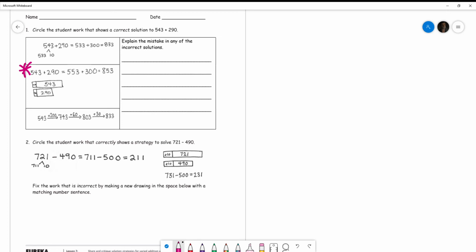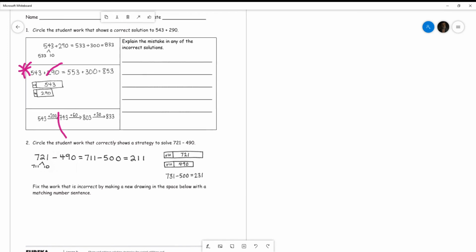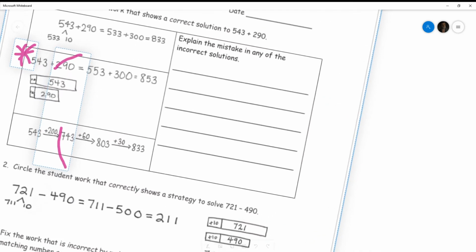That is not a correct solution, and I'm going to go over why. Now, if you remember, we did subtraction yesterday with a tape diagram, and this is how you did it. Let me zoom in.